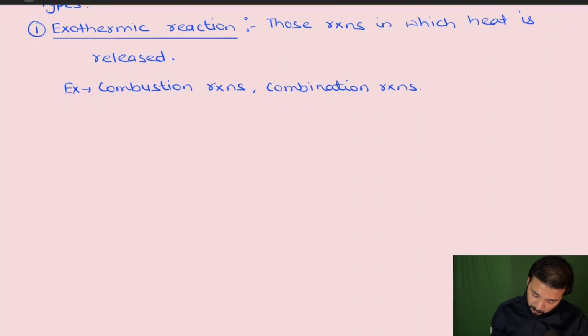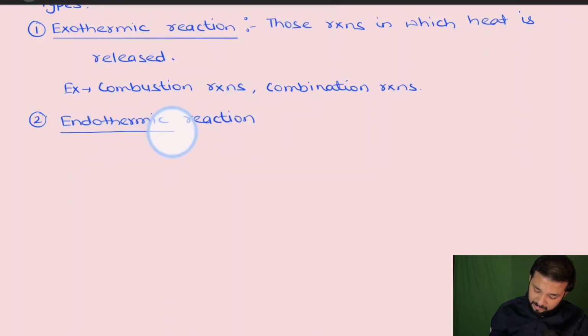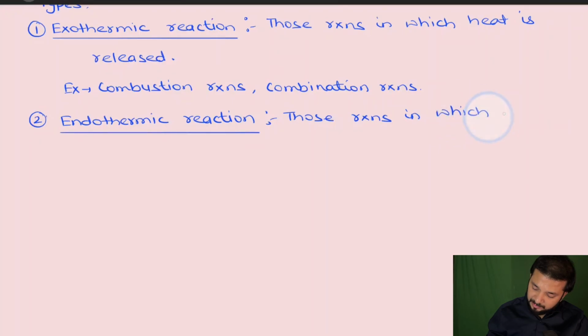Moving to the second type, that is endothermic reaction. Endothermic reactions are those reactions in which heat is required.